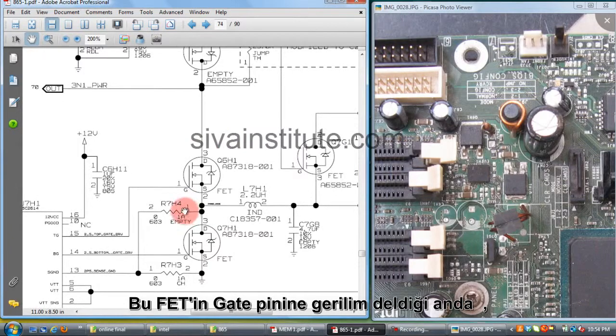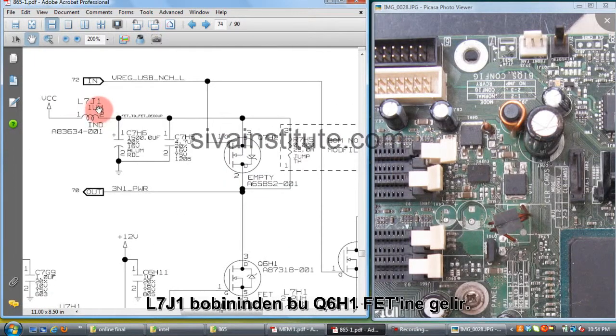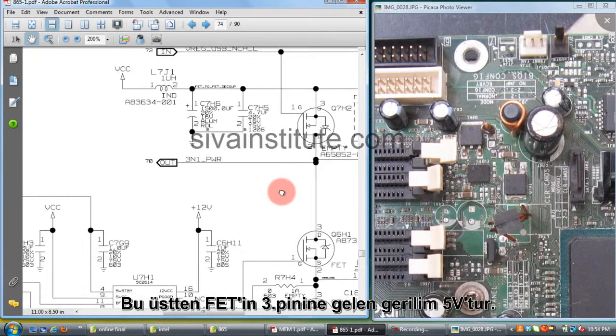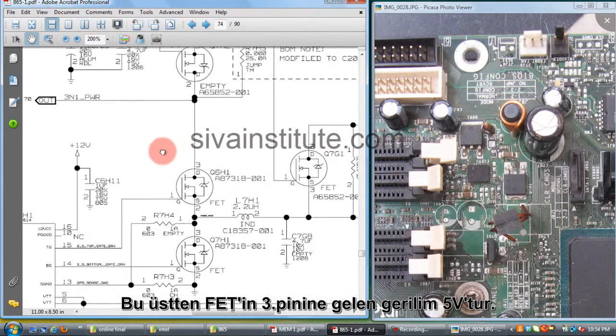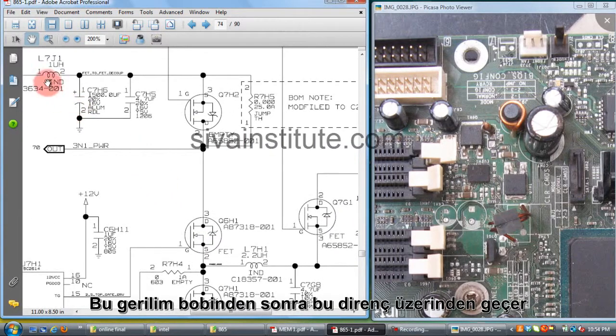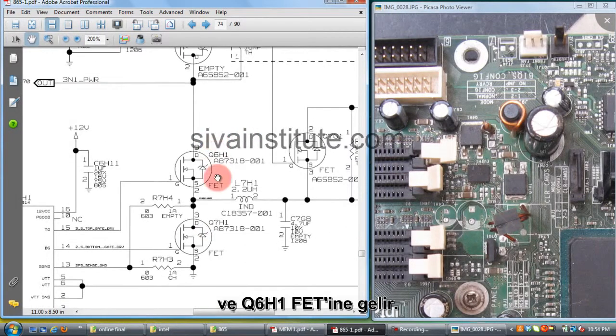When you give voltage to this gate, this voltage comes from the L7J1 coil to Q6H1. This 5 volt supply comes to this FET pin number 3. 5 volts supply comes through this resistor to this Q6H1.